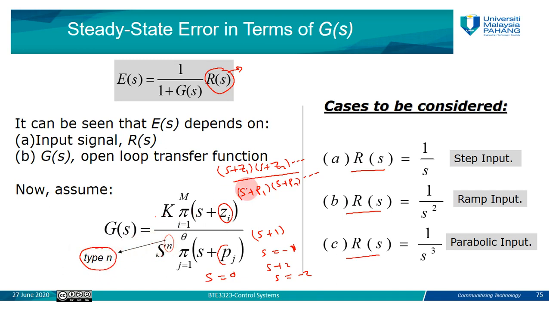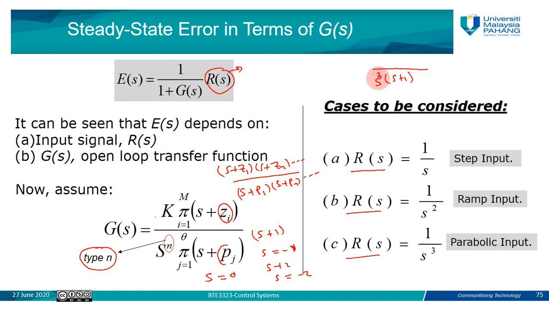So for example, if you have a transfer function with denominator s plus 1, the power of the pole at the origin is 1, so this system is type 1. If s square, it is system type 2.